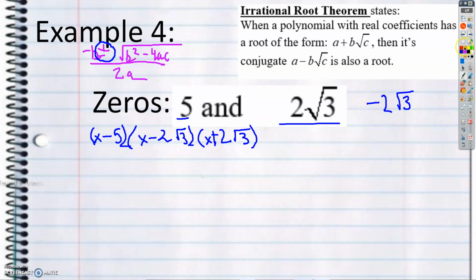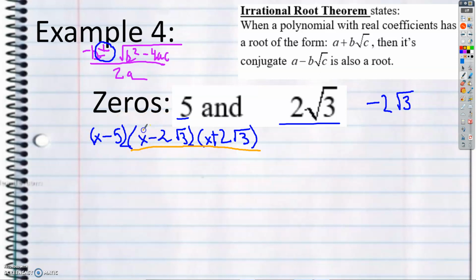Okay. And so when we're multiplying out, it doesn't matter if you multiply the first two together or the last two together first. To make things a little bit easier, I'm going to get rid of the two parentheses that look the hardest, which are the ones with the square root of 3. So if we multiply those together first, the equation will get easier when you multiply these two parentheses times the x minus 5.